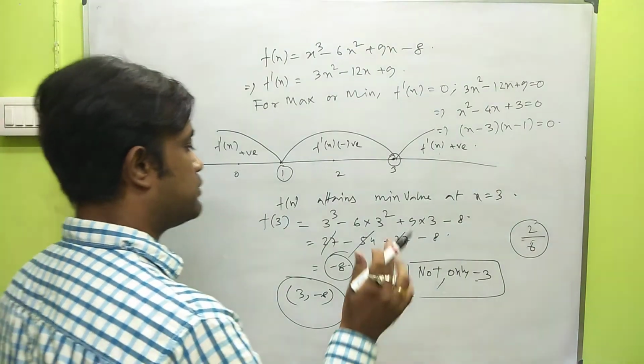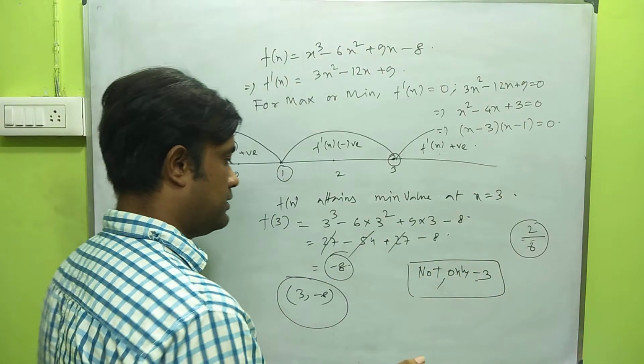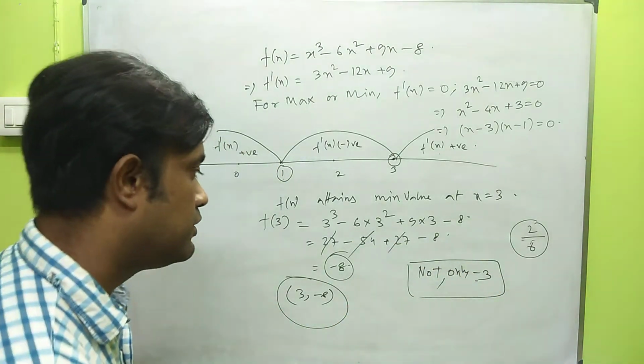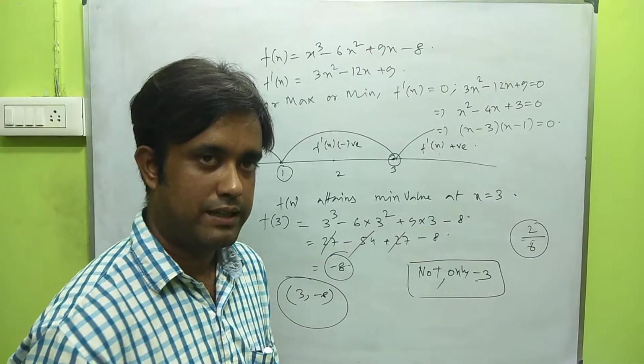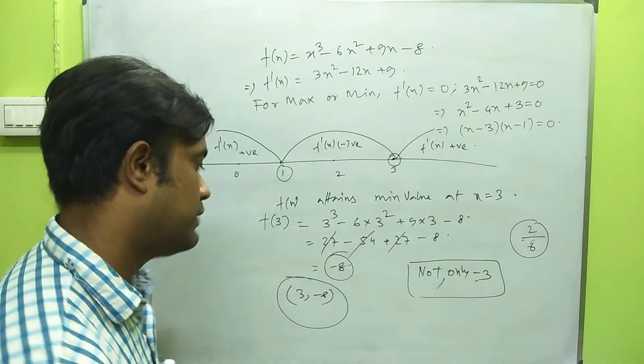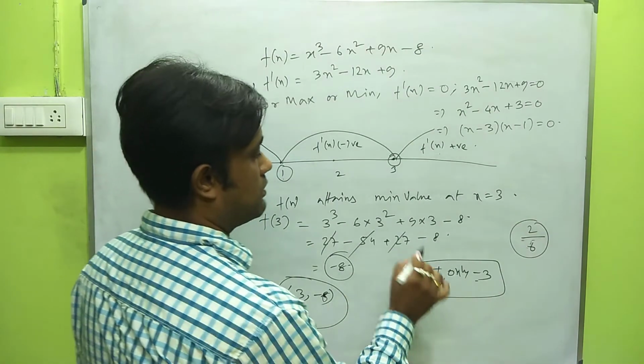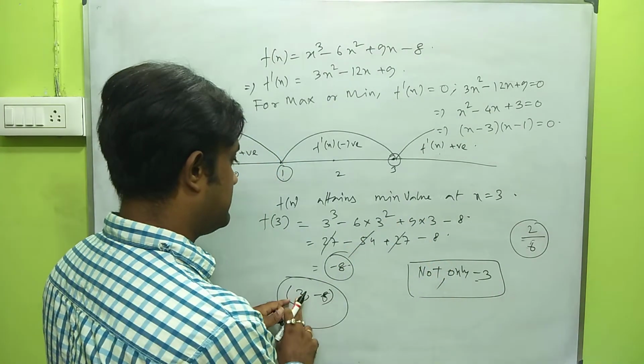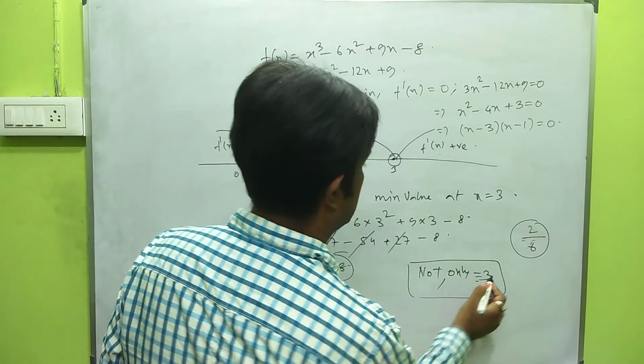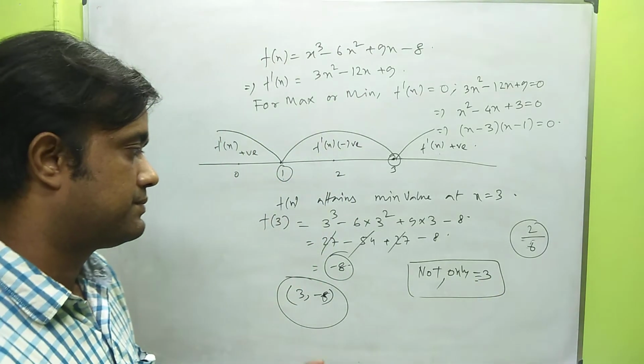So you have to complete the answer. Students are requested to follow the question properly and then give its answer. So the answer will be 3 comma minus 8.